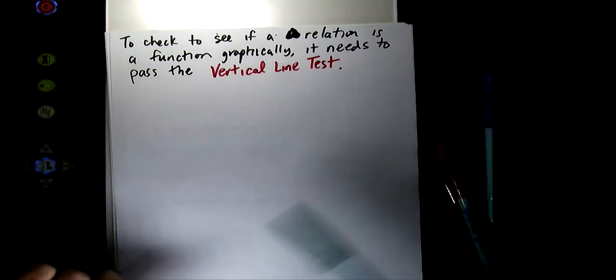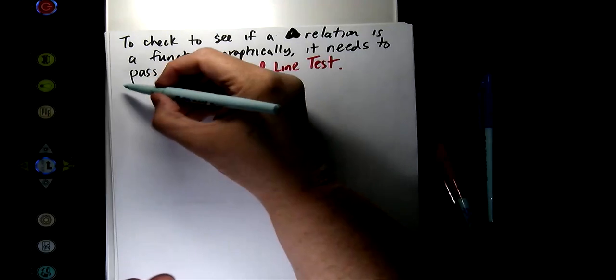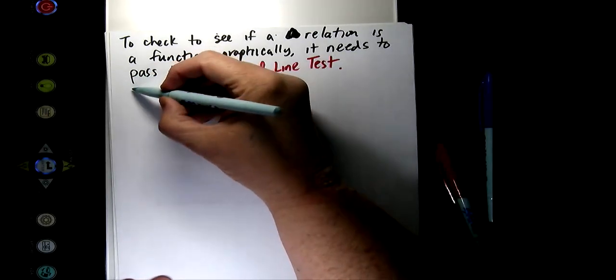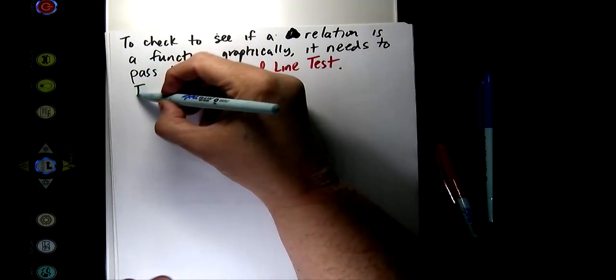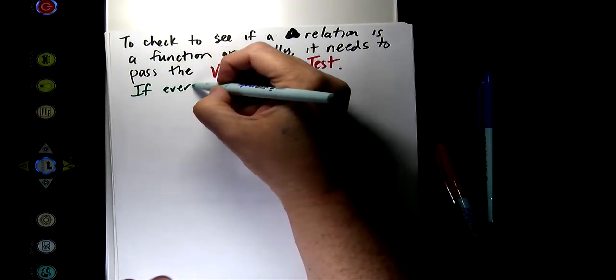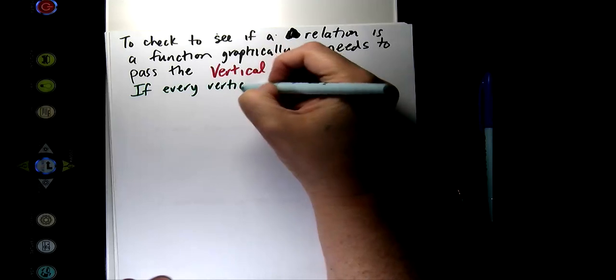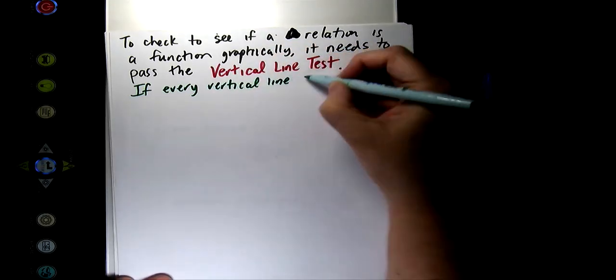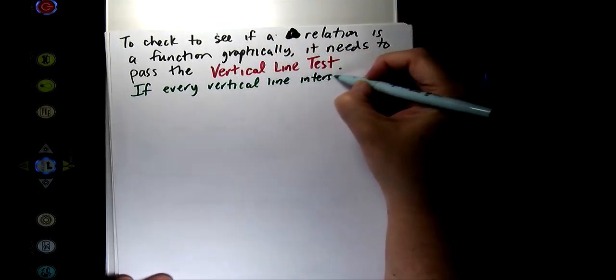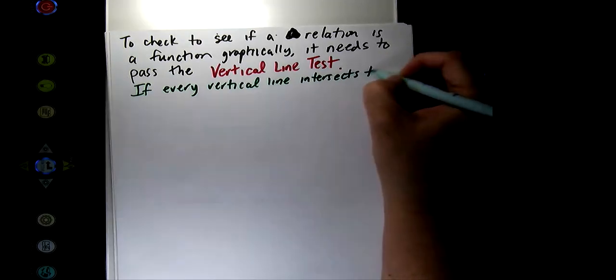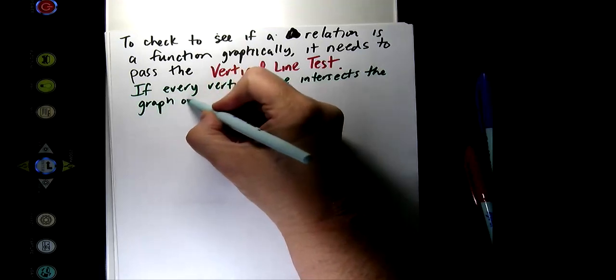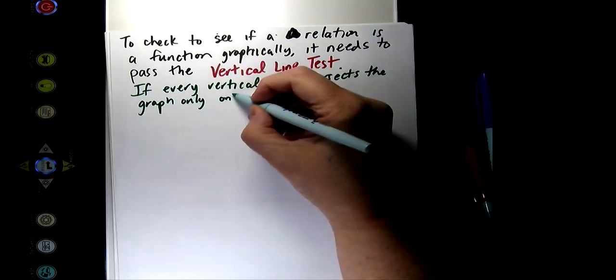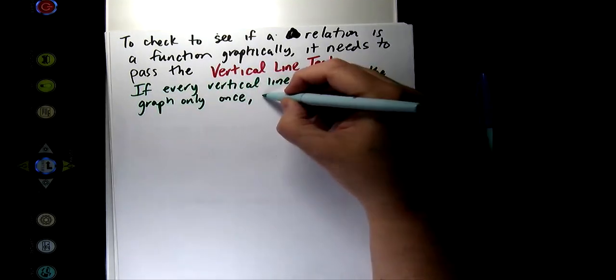And the way the vertical line test works is if every vertical line intersects the graph only once, it's a function.